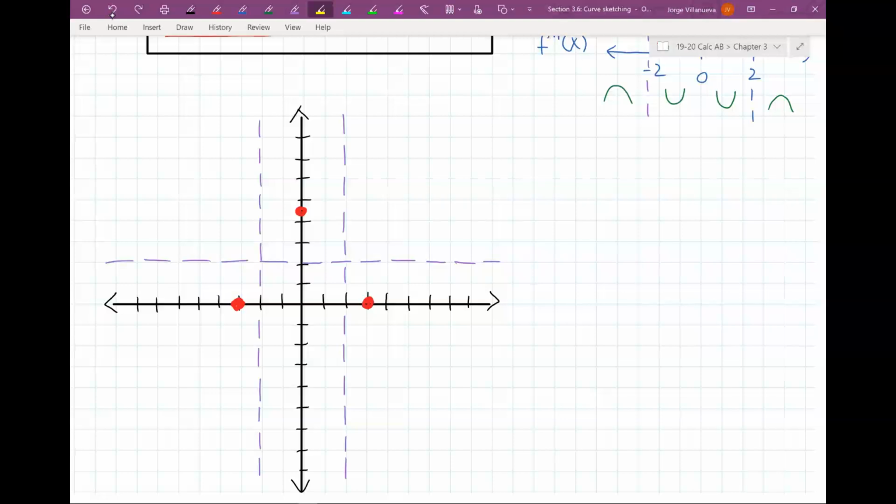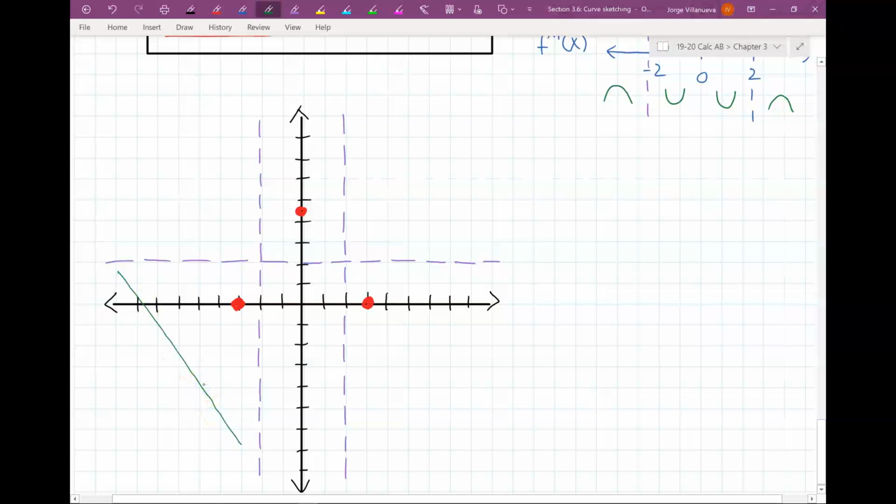Now, we already did the asymptotes, now the critical numbers, right? So we know that this graph is going to have to be decreasing at this point right here. Actually, hold on, let me put it in a different way. Before -2, it was decreasing, right? So look what I'm going to do. Give me a second.